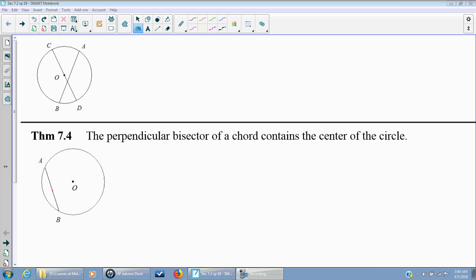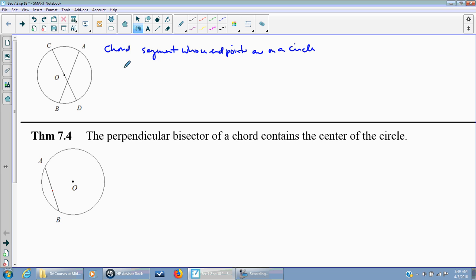Now, basically, a chord is just a line segment with two endpoints on a circle. It is a segment whose endpoints are on a circle.